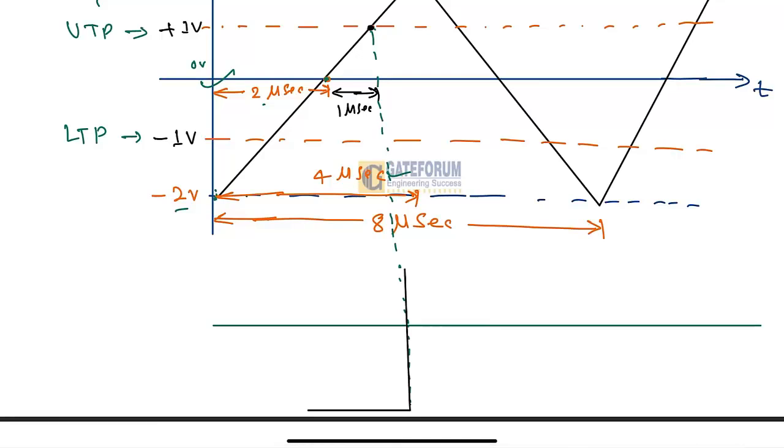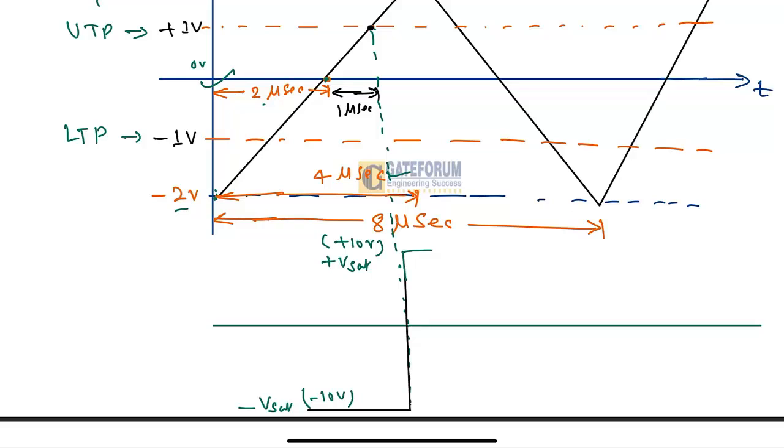So here I can say this is minus Vsat, and this is plus Vsat. At this point it changes from minus 10 volt to plus 10 volt as per the specification given.